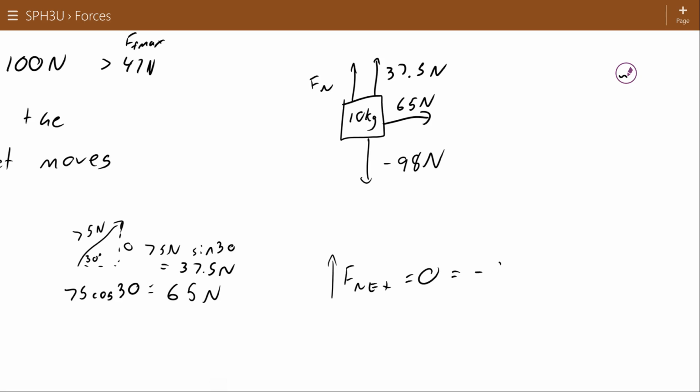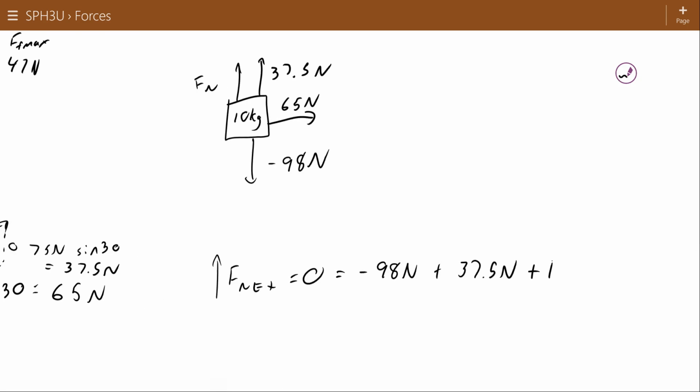And that's going to be equal to negative 98 newtons plus 37.5 newtons, that's this guy, plus the normal force, which will have to cancel out the other part of that. That means that the normal force works out to be 60.5 newtons.